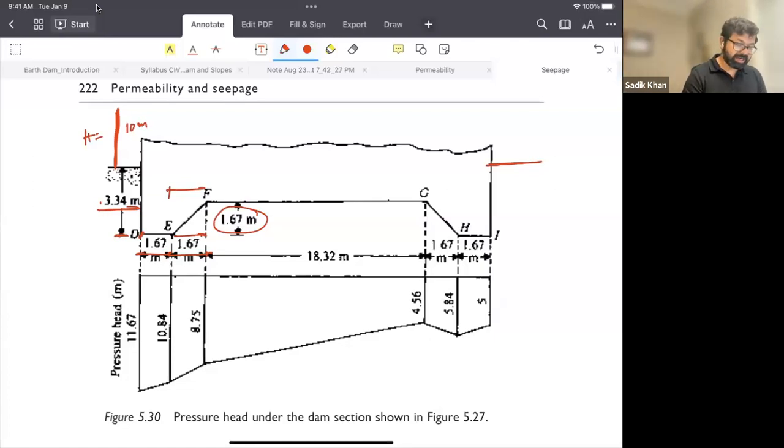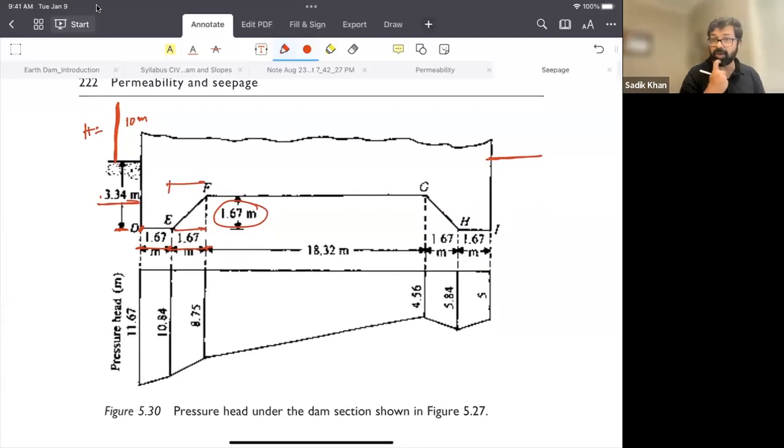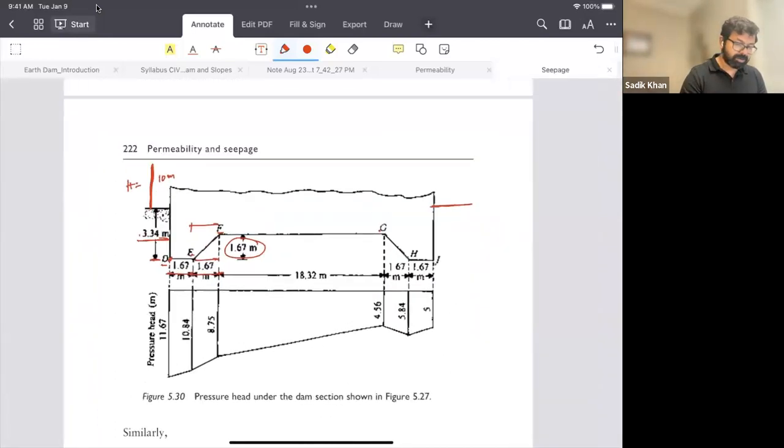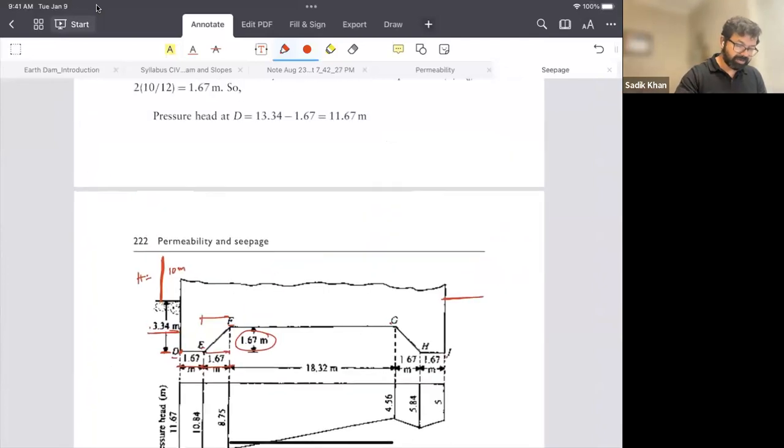And at this point, what is our potential? What is the number of drops at this point? We have points D, E, F, G, H, I. Let's go back to that problem again.